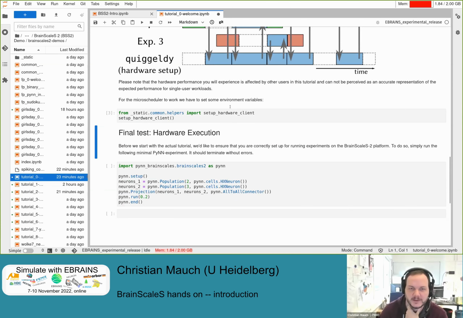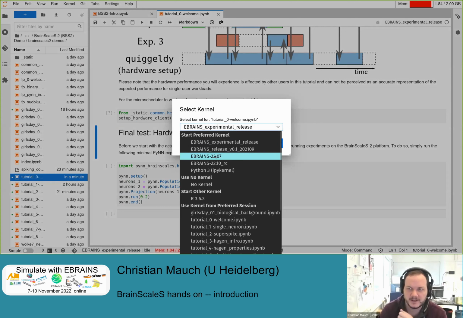So we will do this demonstration. In eBrains, there are several kernels available at different states. Everything is versioned somewhat, but today we are using basically the latest version of the kernel, the experimental release kernel.